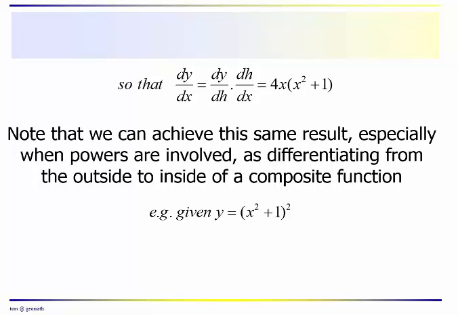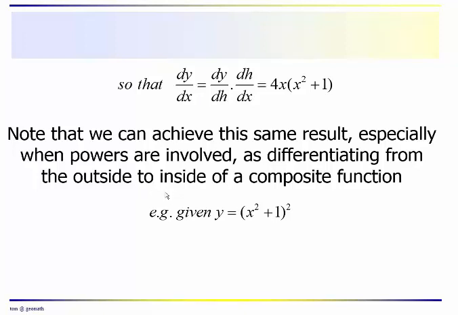Okay, so after you've done this a few times, you usually recognize that what you're doing is differentiating the function. We often refer to it as differentiating from the outside to the inside.